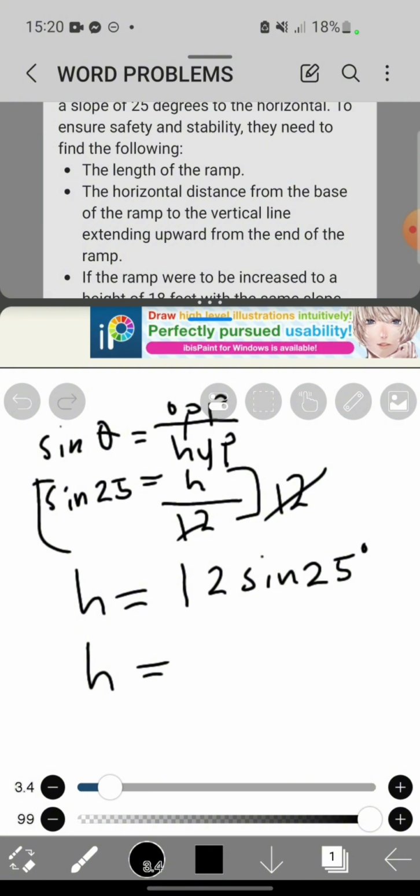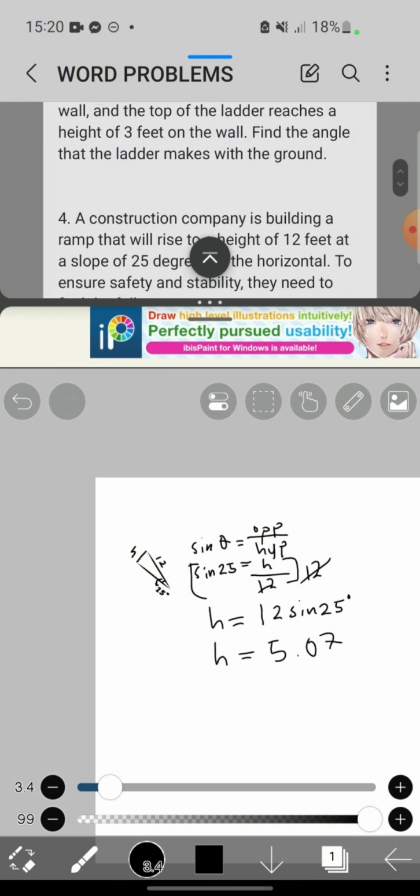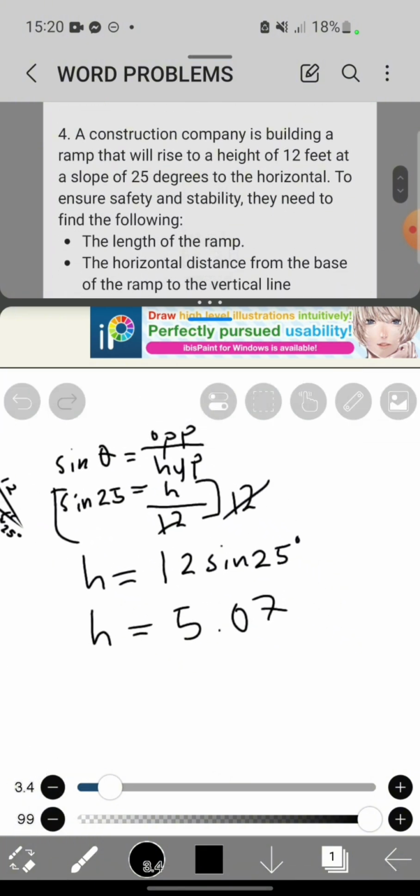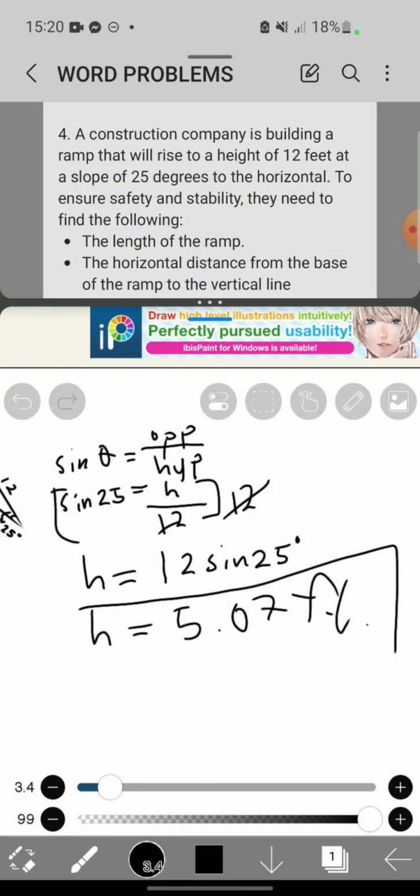So we have the length of the ramp, 5.07 feet. So this is the answer for the first question.